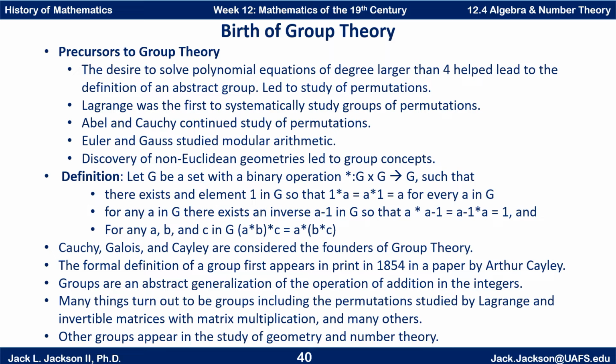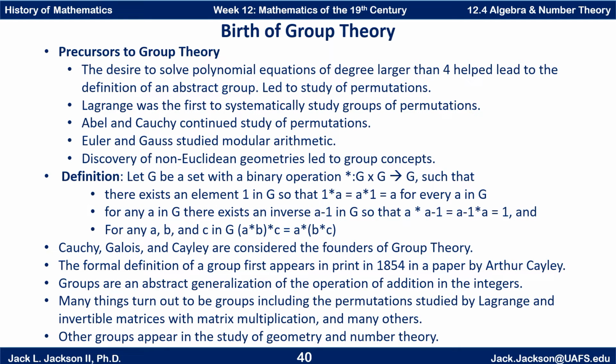And such that there exists an element which we're going to call 1 in G, so that 1 operate on A and A operate 1 is A for every A in G. So that's an identity element.